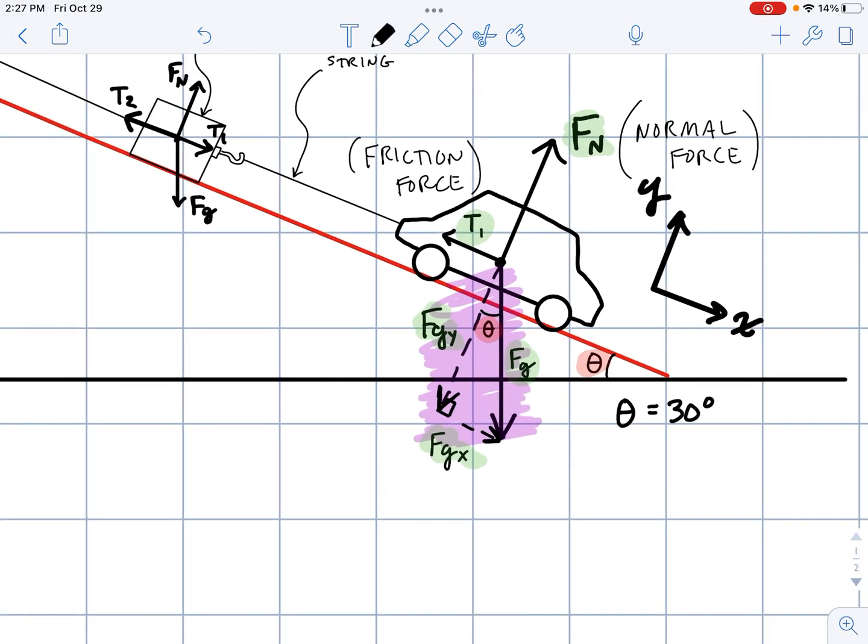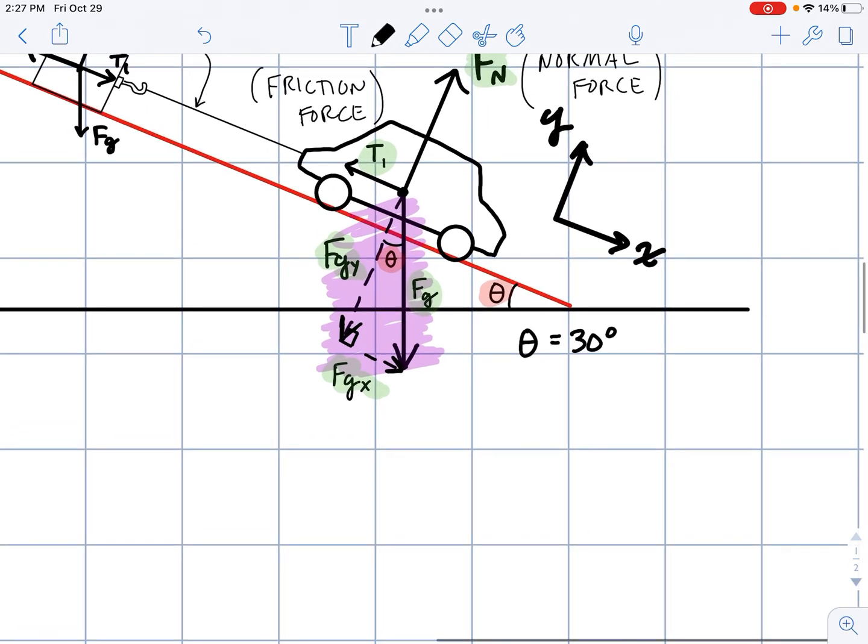Now this car is not accelerating, right? We know from Newton's law, the sum of the forces on an object is equal to its mass times its acceleration, and we can be more specific and break that into forces in the x direction only and acceleration in the x direction only, or we could do it in the y direction.